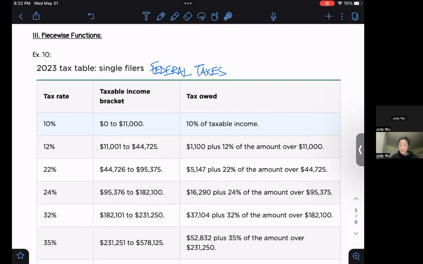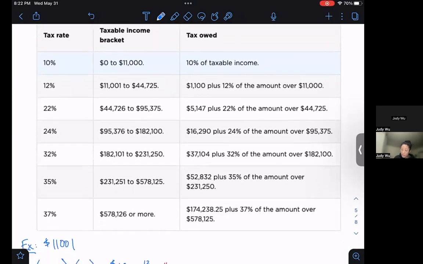Okay, and taxes is exactly a situation where you need more than one rule to figure out what's happening. Okay, this is where we come in with the idea of a piecewise function. Okay, so we're not going to do all of this.